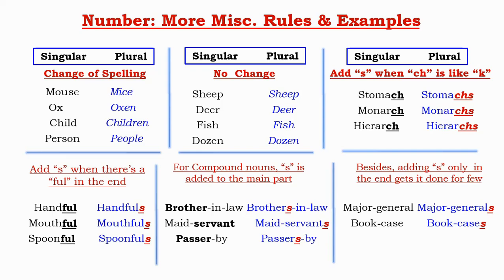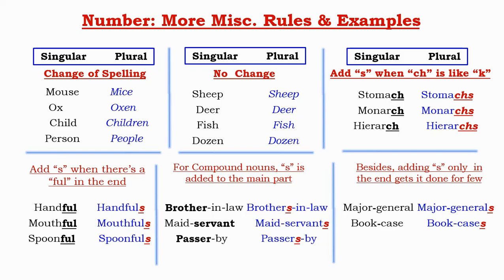Number 3, add s when ch is pronounced like k. A few examples are stomach becomes stomachs, monarch becomes monarchs, hierarch becomes hierarchs.